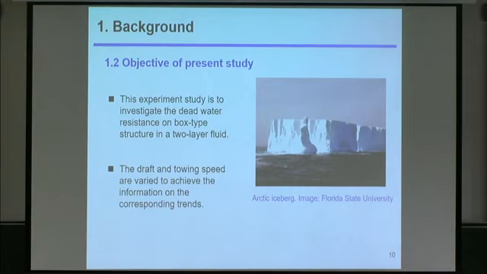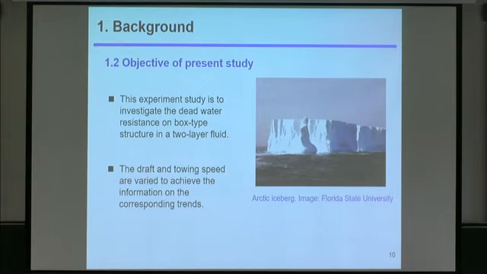So here I want to choose an experimental test to investigate the dead water resistance on this kind of box type structure in a two-layer fluid. And I also want to investigate some parameter effects. The important ones are the draught and the towing speed. So in this experiment, they are varied to obtain the corresponding results.